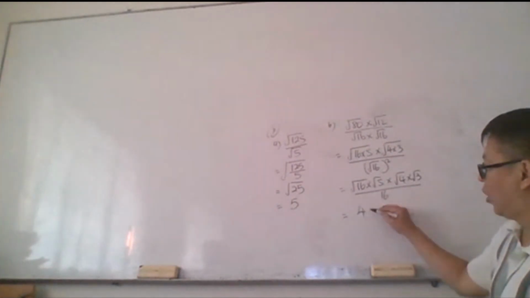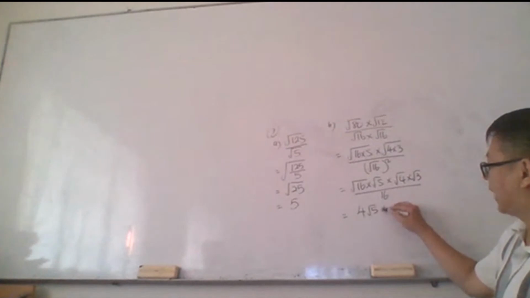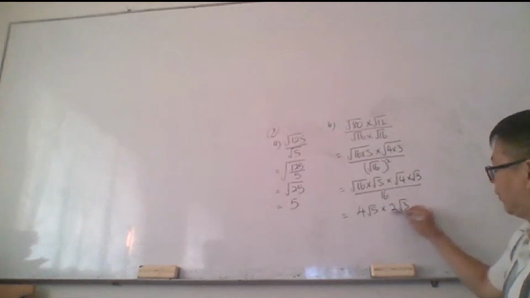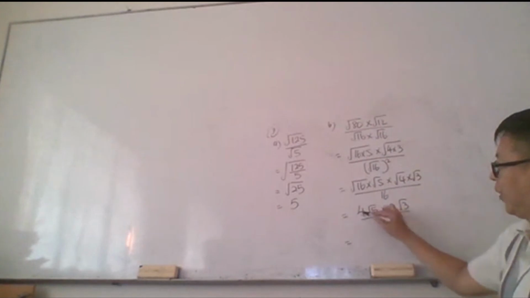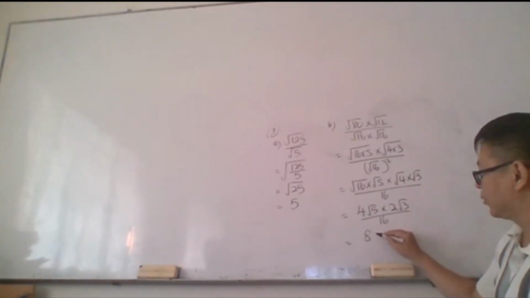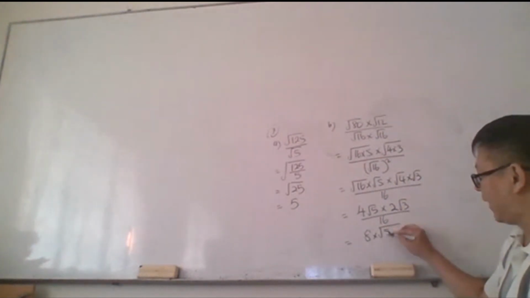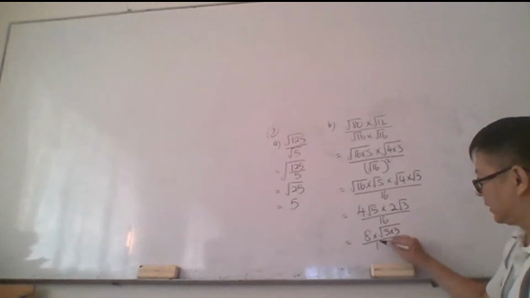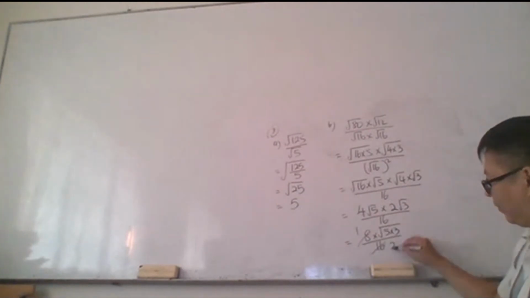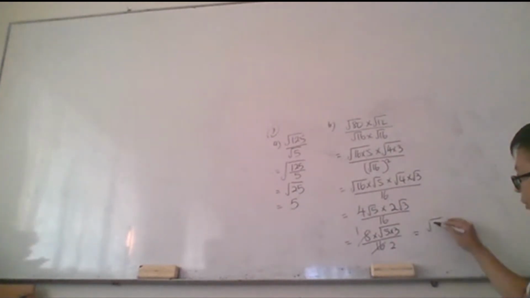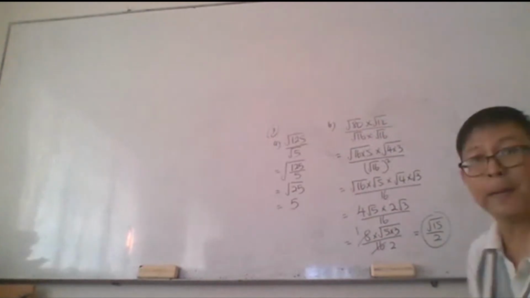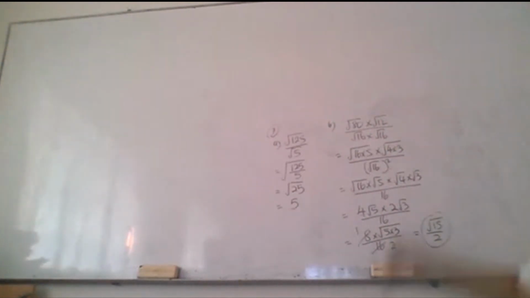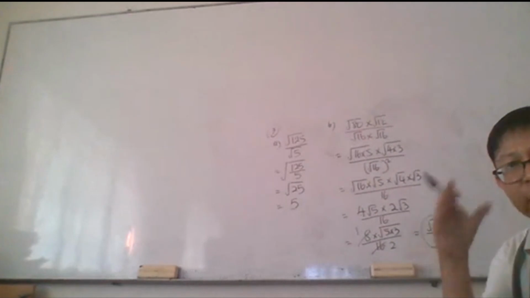I will get 4 square root of 5 times 2 square root of 3 over 16. And then 2 times 4, you get 8, times square root of 5 times 3 over 16. Simplify, and finally you get square root 15 over 2. So this is much simpler than using a big number.